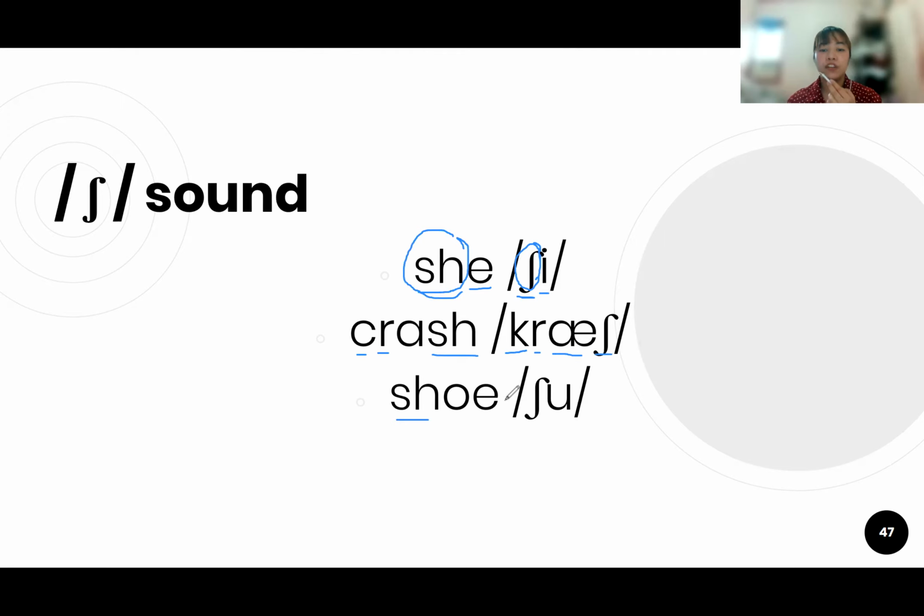Same with your shoe. Your SH in shoe produces the sh sound. That's why we make use of the symbol. And then your OE in shoe makes use of your long U sound. Shoe. That's why we make use of your small letter U, which is the symbol for the long U sound.